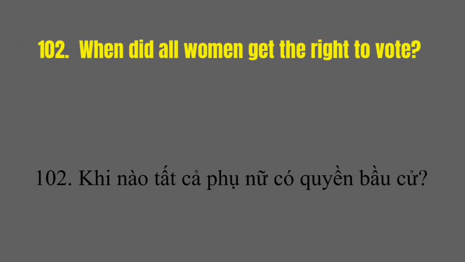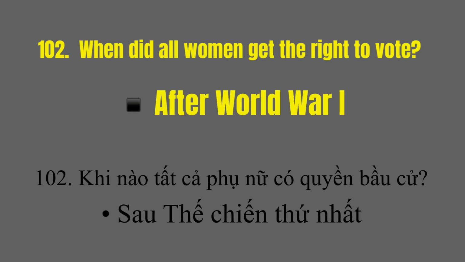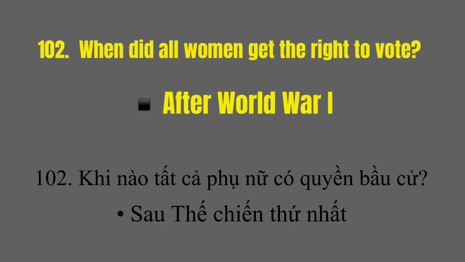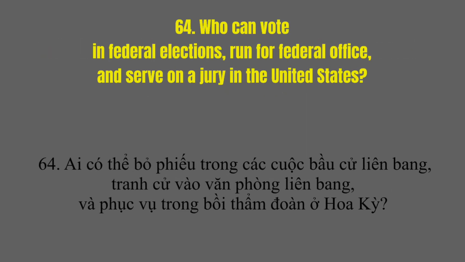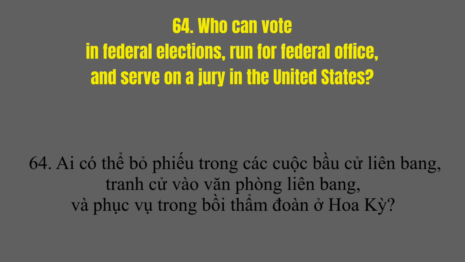When did all women get the right to vote? After World War I. Who can vote in federal elections, run for federal office, and serve on a jury in the United States?